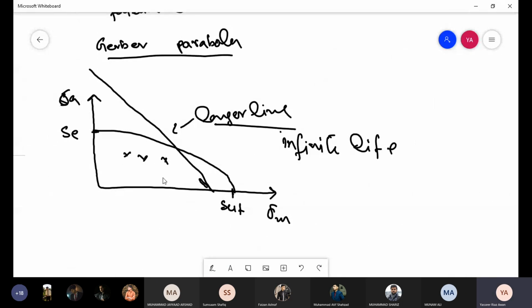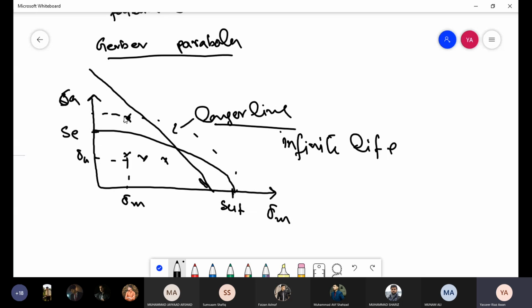And if this sigma A, sigma M combination lies outside this, then for finite life you do the same as we did with the modified Goodman diagram. We move this point through a similar parabola, and where it cuts is the fatigue strength, and that fatigue strength you can use to find the number of cycles.